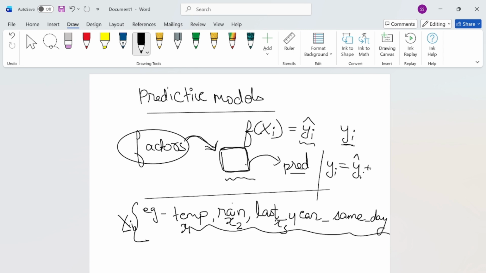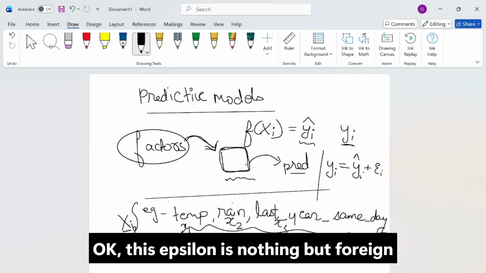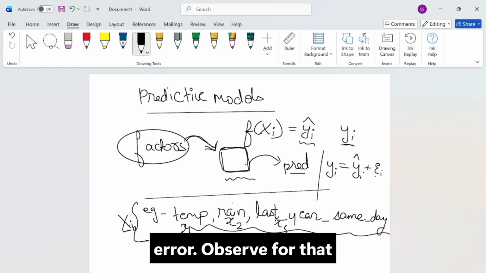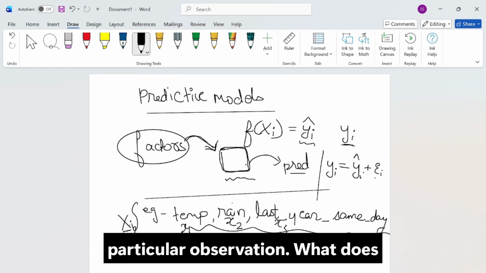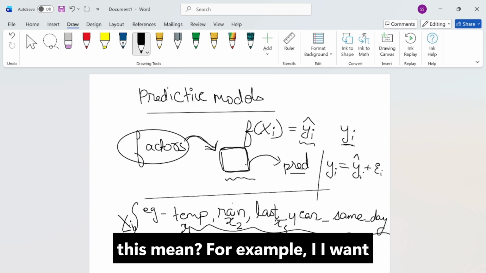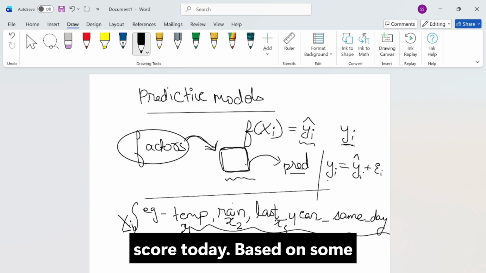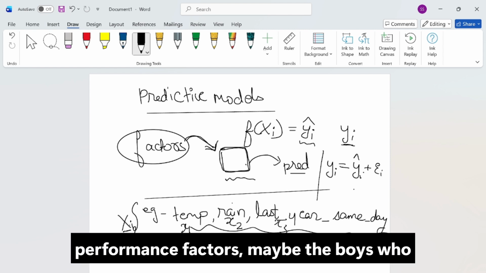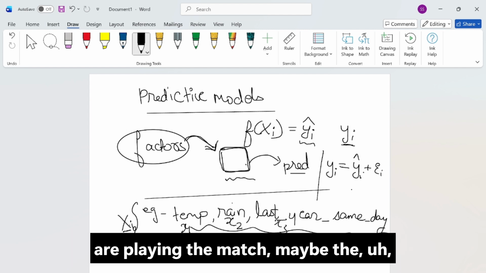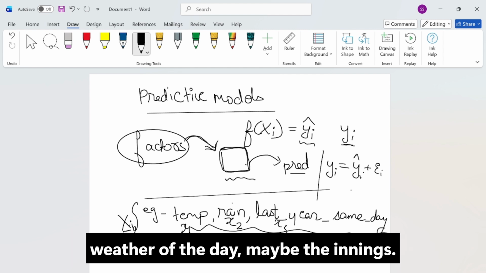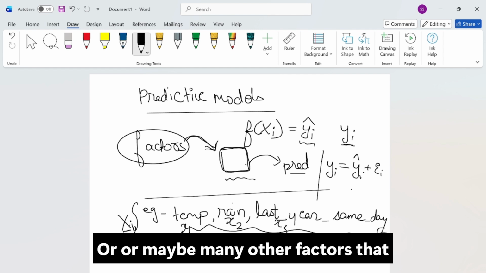Now, the real outcome yi is always expressed as the predicted outcome plus some error. This epsilon is nothing but the error observed for that particular observation. What does this mean? For example, I want to predict what score Team India will make today based on some performance factors, maybe the players who are playing the match, the weather of the day, the innings, or many other factors.